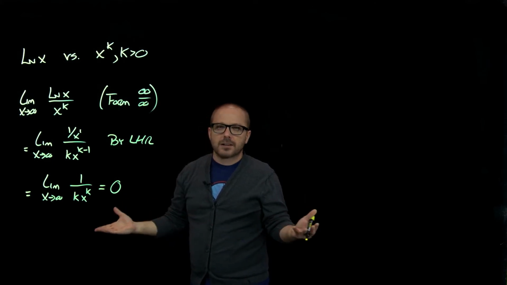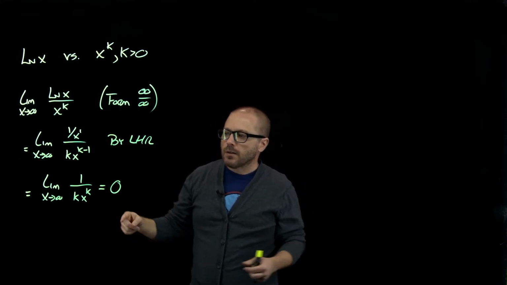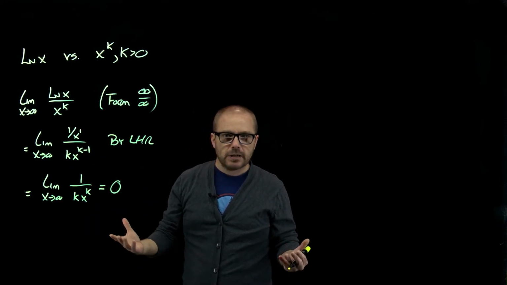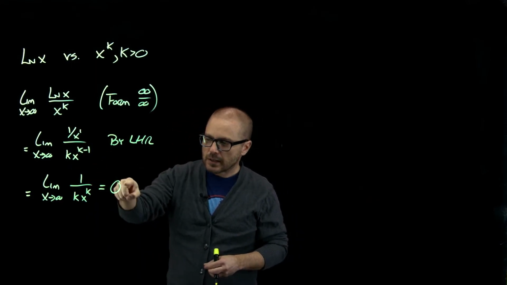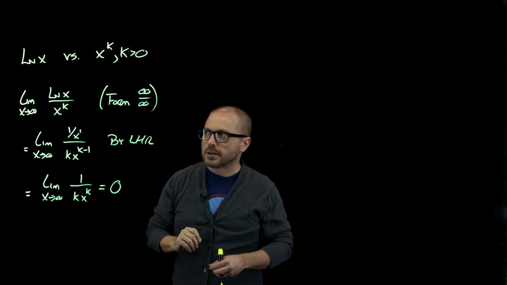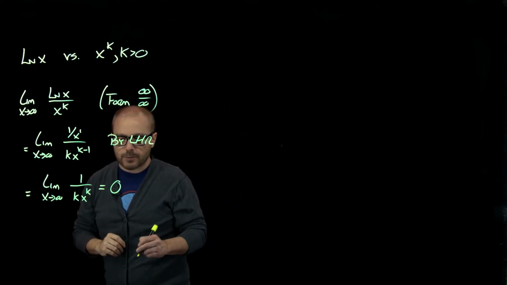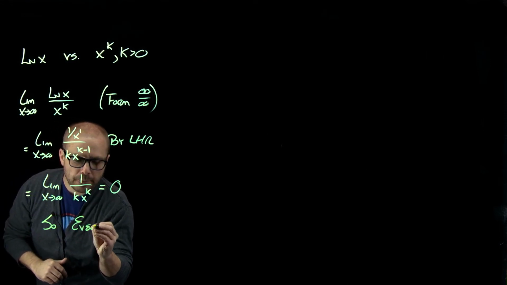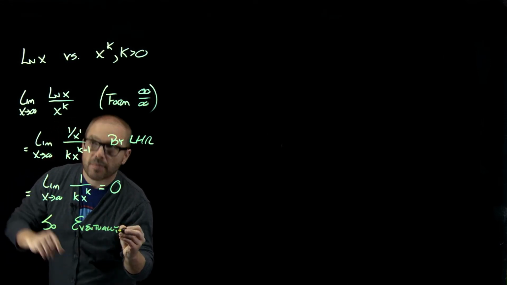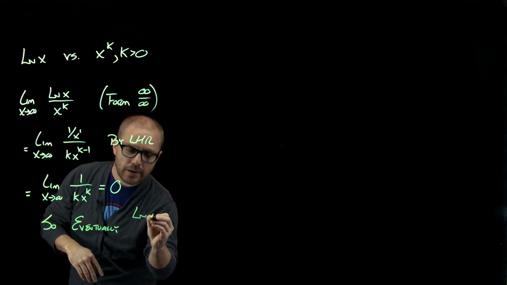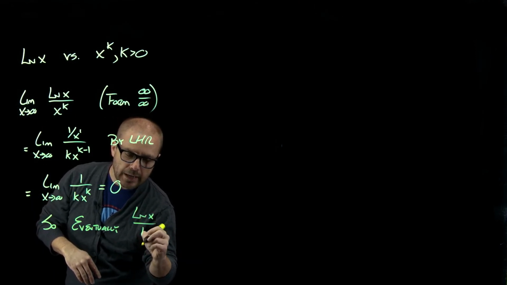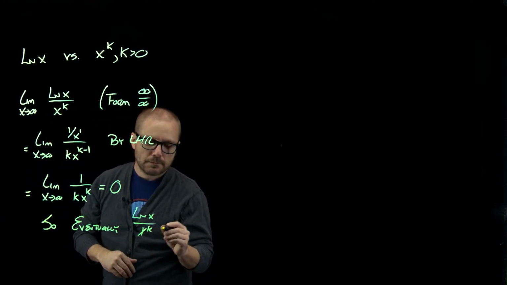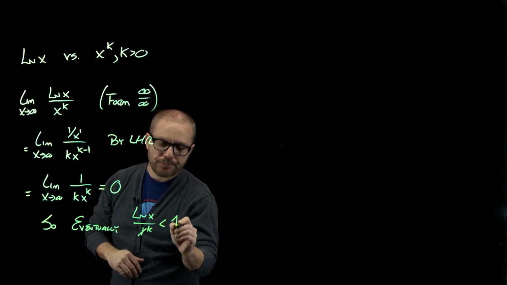So how does this relate to direct comparison test? Well, think about this. If that ratio heads to 0, eventually it must be less than 1, right? If it's getting closer and closer to 0, we know that eventually that ratio, natural log of x over x to the k, is going to be less than 1.